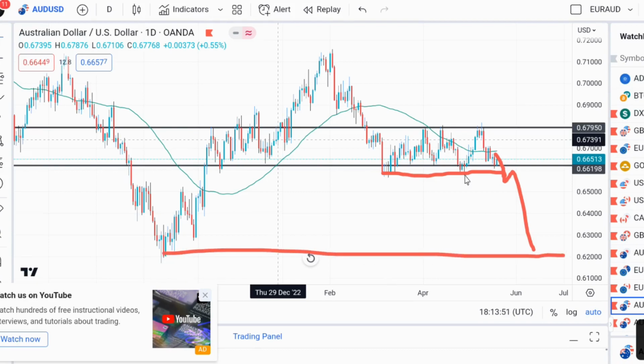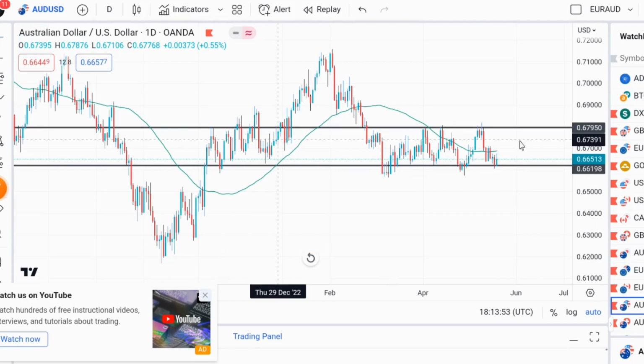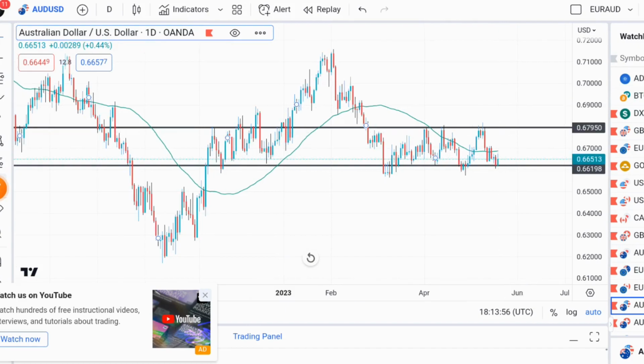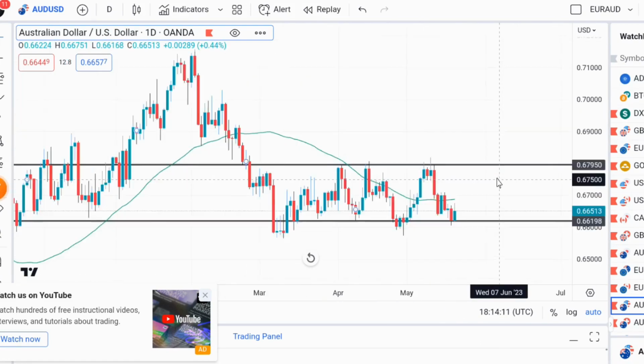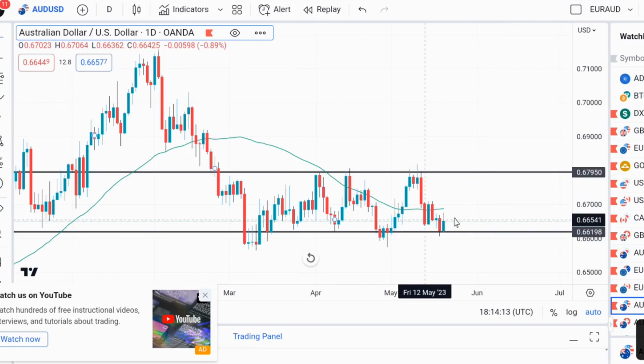But if we have a rejection on Monday, there's a probability that we are going back to this particular resistance level. Then maybe after the Fed meeting on Wednesday, we might have a breakout of this zone or a decline right there. But before the Fed meeting, we might actually see a move back to this resistance level right there.